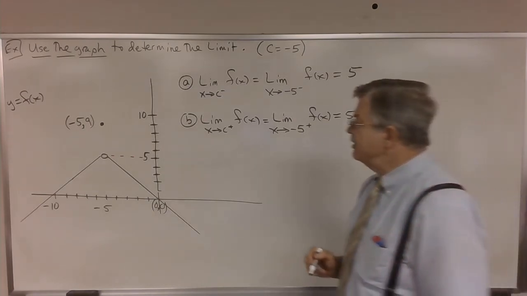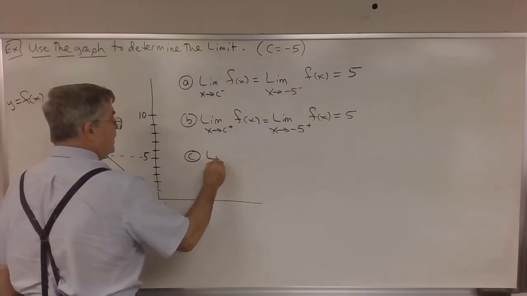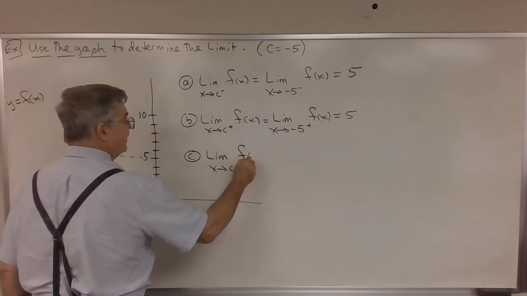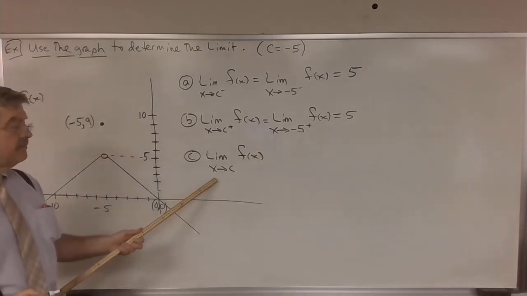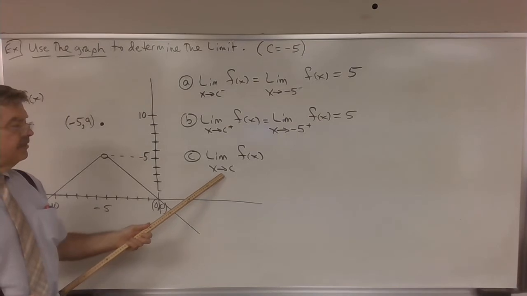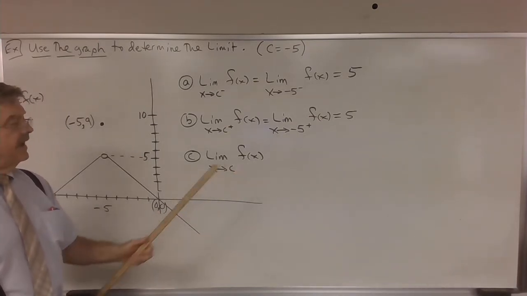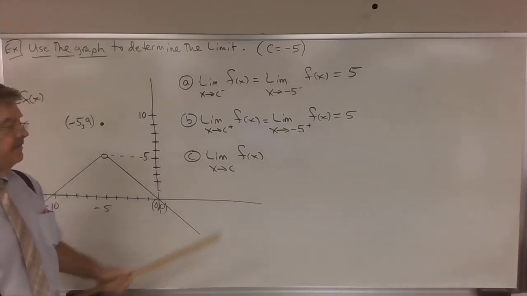Now they ask a third question. These WebAssign people, they're full of questions. They want to know the limit as x approaches c from either direction of f of x. And again, c is equal to -5.